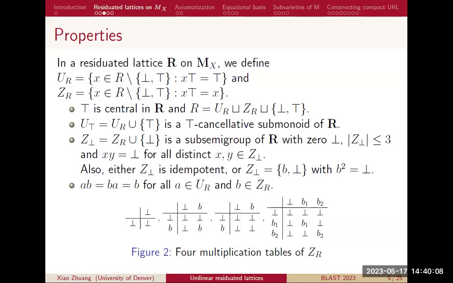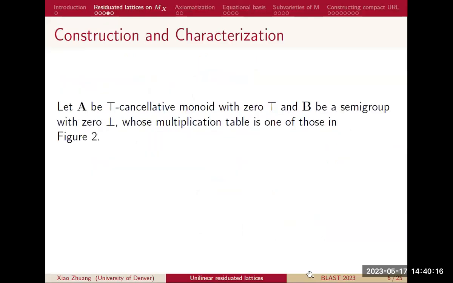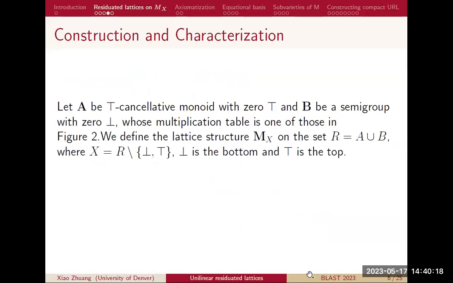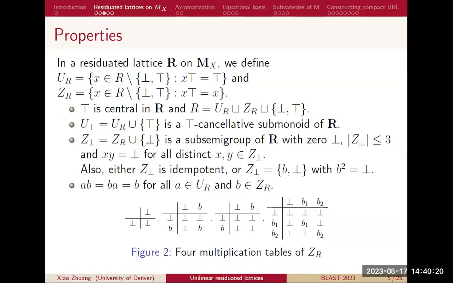The best part is that there are not many kinds of the set Z. The size of it is at most 3. Actually, we exhausted all the possible multiplication tables. There are 4. So now we expose all the possible multiplication tables for Z.